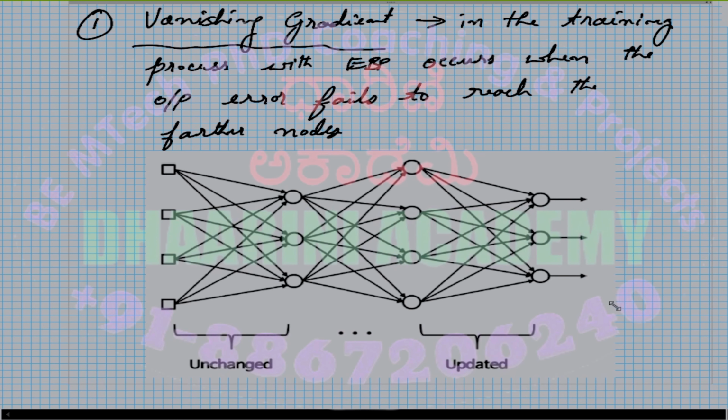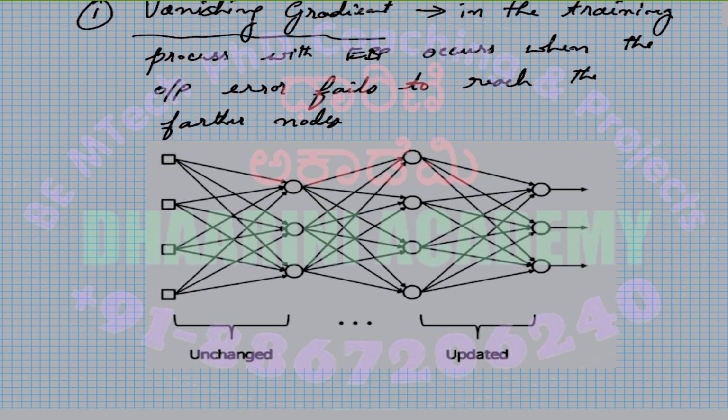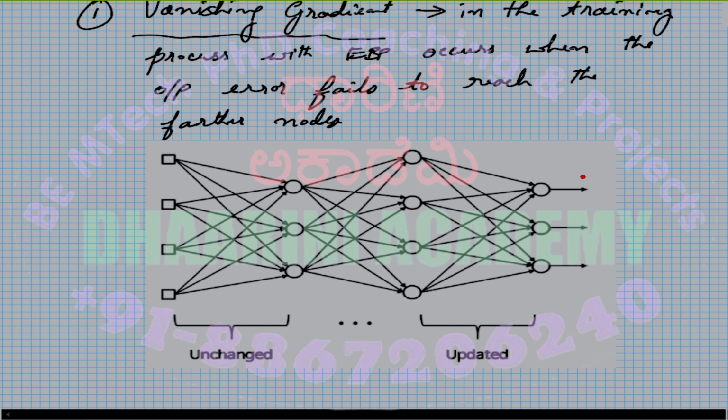Now we know that we have the output error, right? We denoted that as E. So I have error E here. This error gives rise to the delta of this particular layer, which is the output layer.